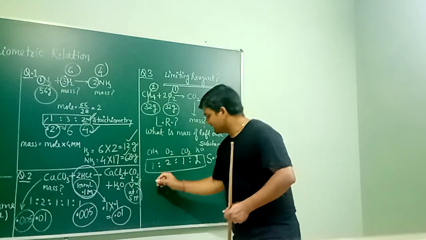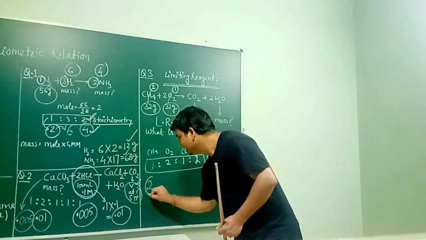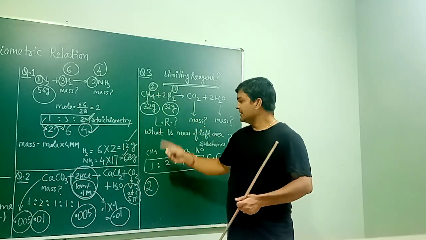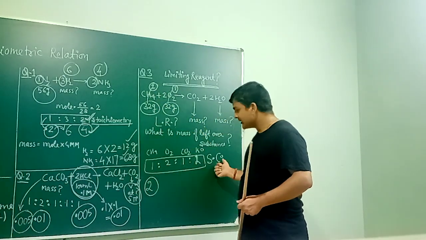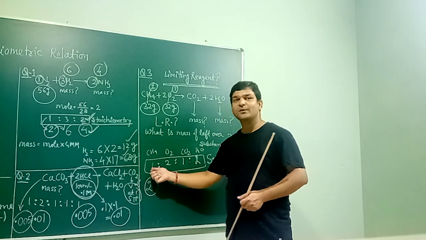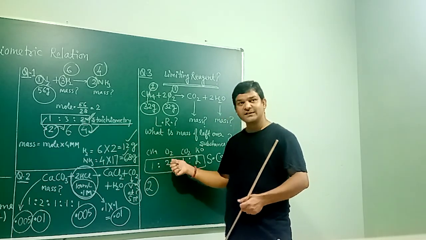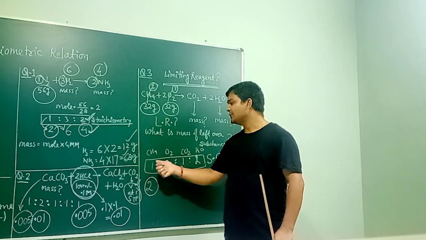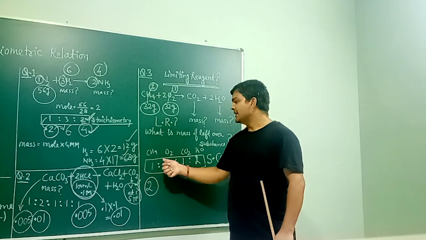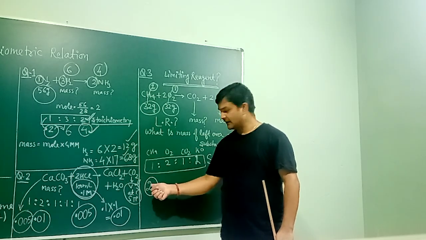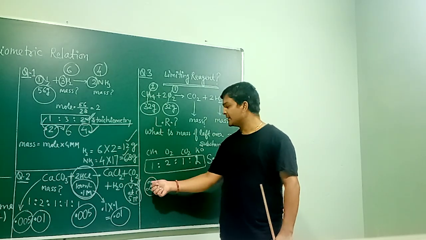Now if I put here the amount of methane given is 2 moles. This is as per question. So as per this ratio, balanced chemical equation says 1 mole of methane requires 2 moles of oxygen. The amount of oxygen required is just 2 times than methane. So it means if we have 2 moles of methane, this is given in the question, 2 moles of methane.